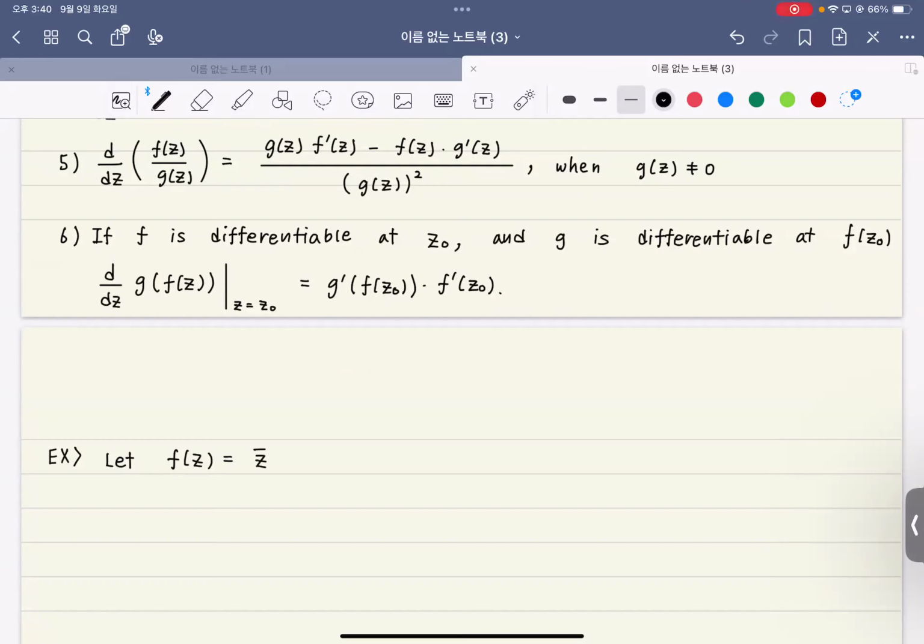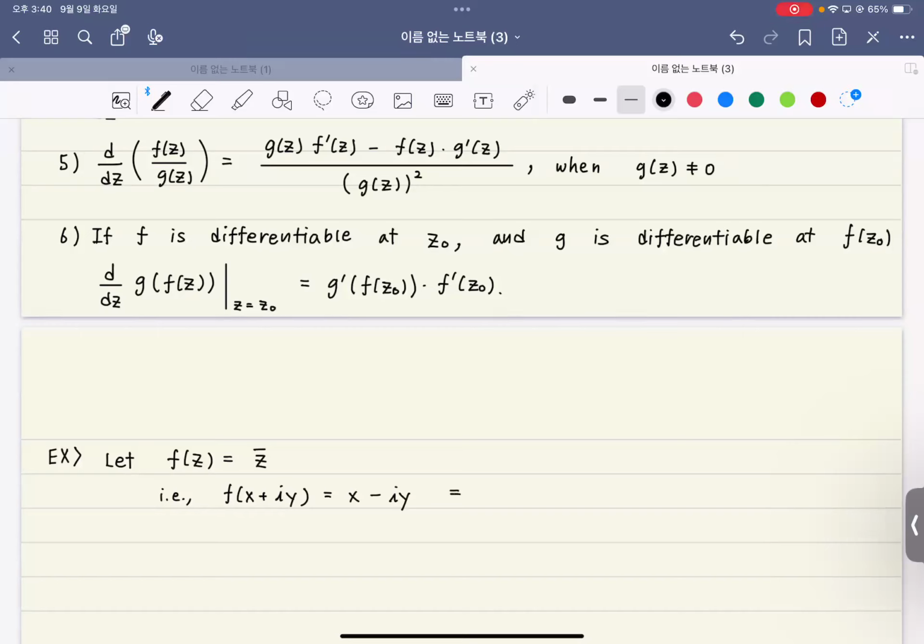So this is z bar, which is the complex conjugate. In other words, I can say f of x plus iy is x minus iy, right?